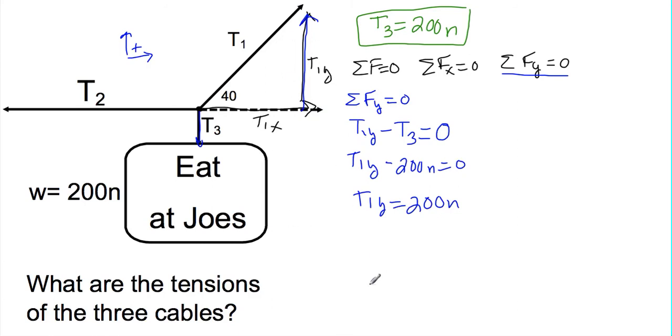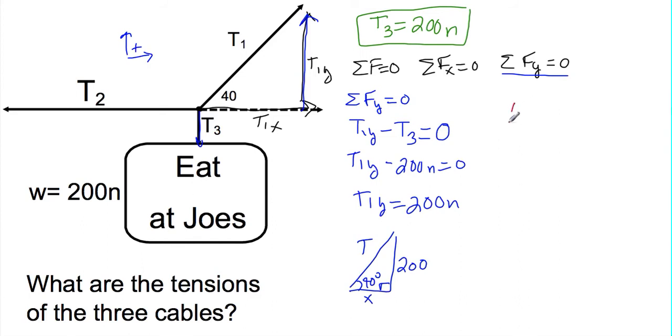Now that we understand this, we are left with a right triangle that we can use our trig functions to solve for. So we have 200 newtons here, we have 40 degrees here, and we have an x and a hypotenuse, T1, over here. So to find this x, I would then use the tangent function.